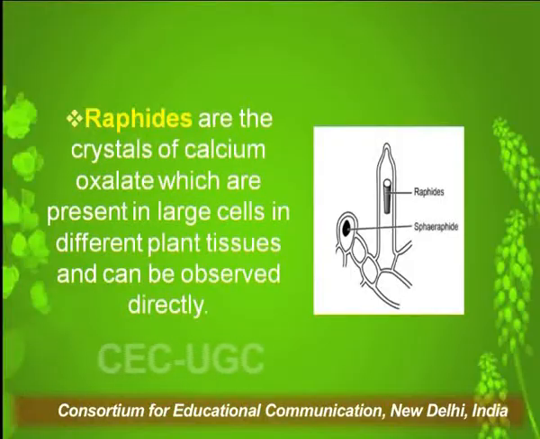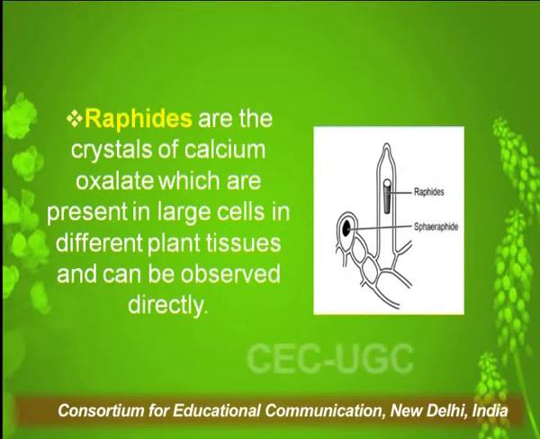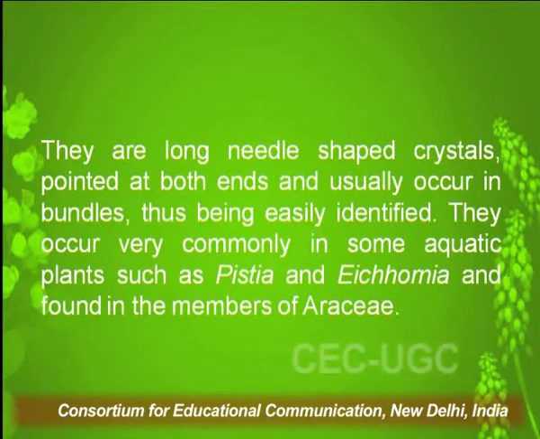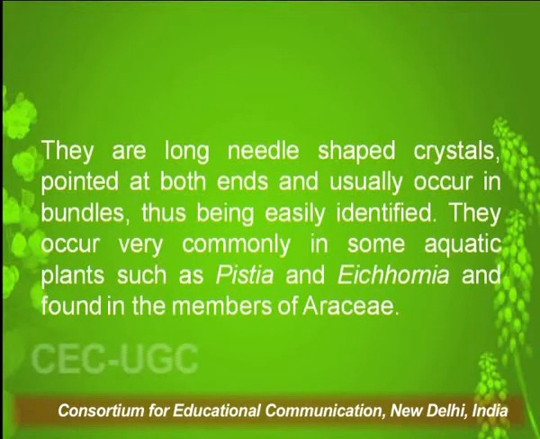They are crystals of calcium oxalate which are present in large cells in different plant tissues and can be observed directly. They are long needle-shaped crystals pointed at both ends and usually occur in bundles, thus being easily identified.